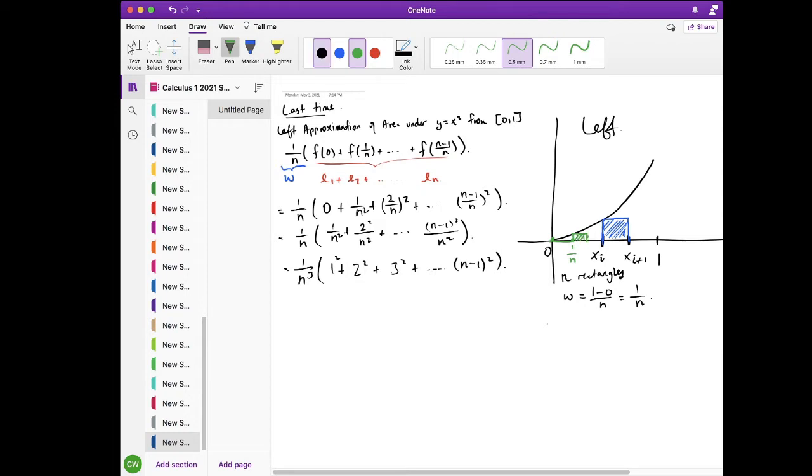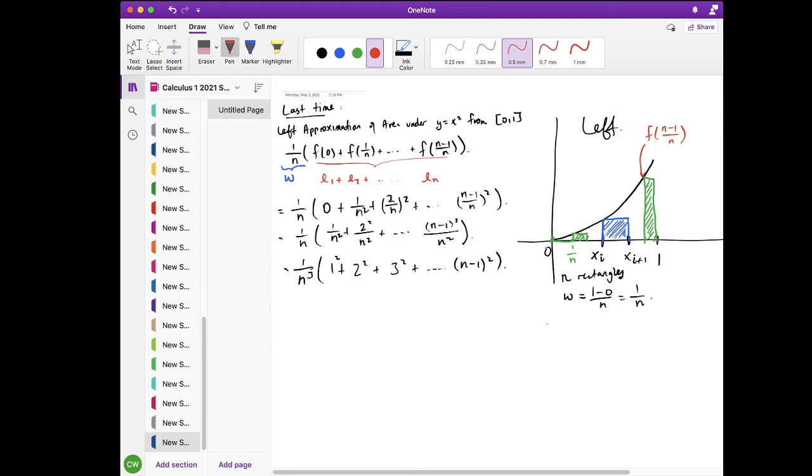So we have f of 0 plus f of 1 over n, and we stop, remember, not at 1, but right before 1. So that's where we stop, at f of n minus 1 over n. That would be this here. This is f of n minus 1 over n. Okay, so again, why is the w outside? Because we factored it out from all the expressions of area.